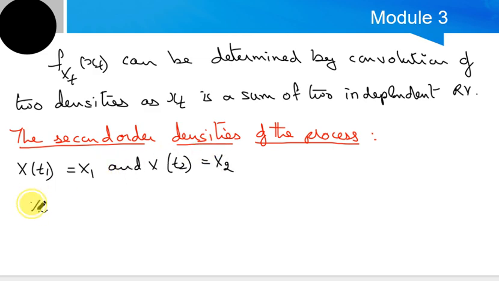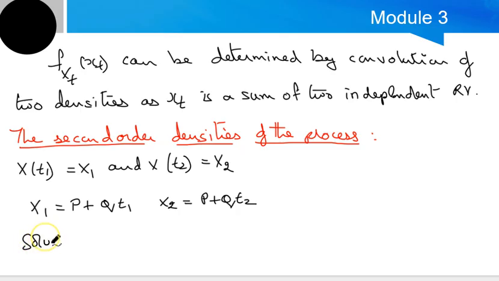So here I have my x1 equal to p plus q into t1 and my x2 will be equal to p plus q into t2.